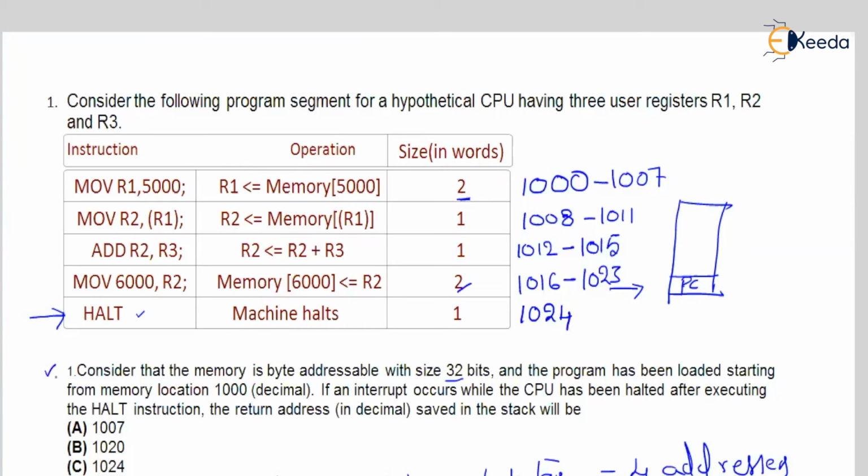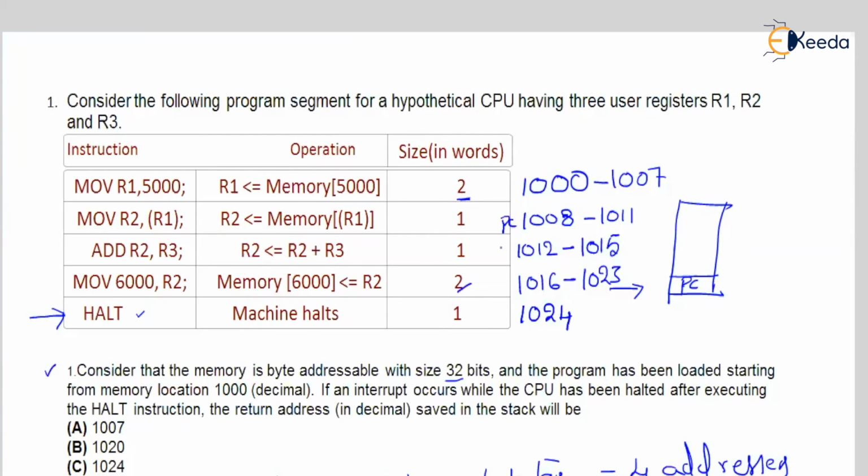Now, there comes an interrupt. When an interrupt comes, the current program will be suspended and I'm going to execute one more program. Before suspending the current program, we need to save the program counter value. So when this instruction gets executed, the program counter value is 1008.